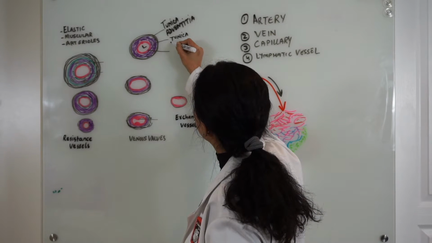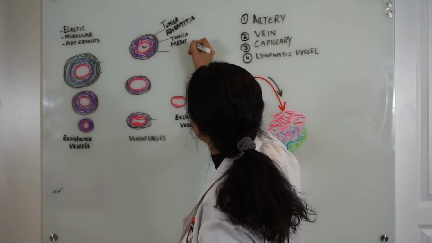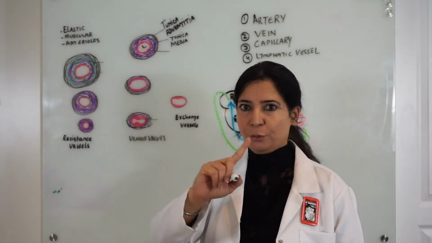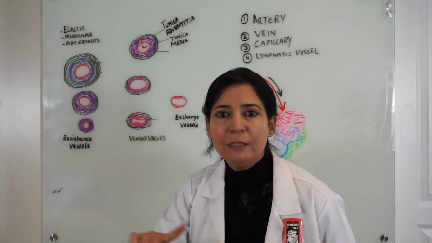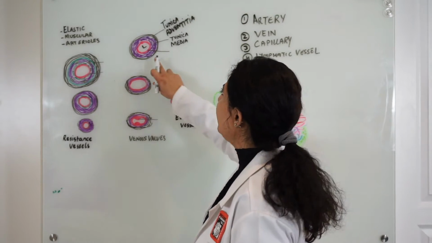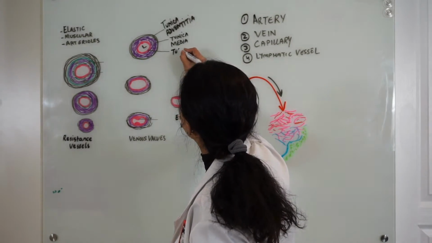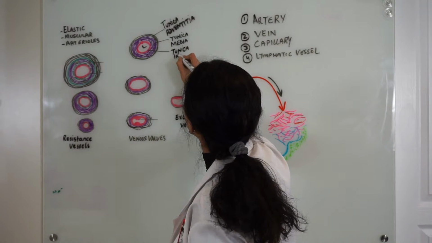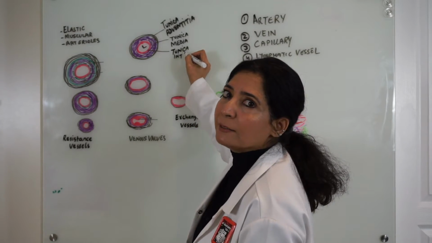It's in the middle. Then we have the innermost coat or layer, which is in direct contact with the blood or the fluid which is flowing within the lumen. So we call it the tunica intima. It's an intimate relation with blood.